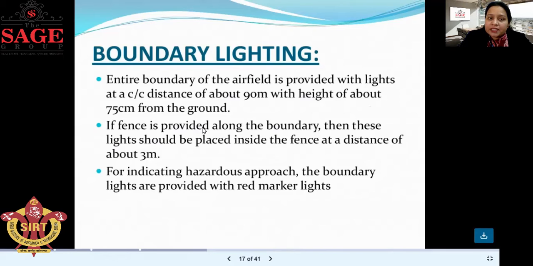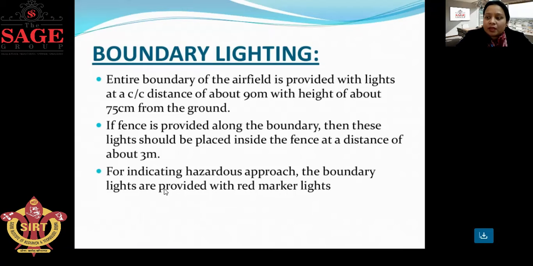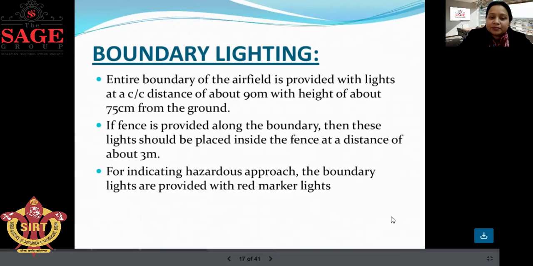If a fence is provided along the boundary, then these lights should be placed inside the fence at a distance of about 3 meters. For indicating hazardous approach, the boundary lights are provided with red marker lights.